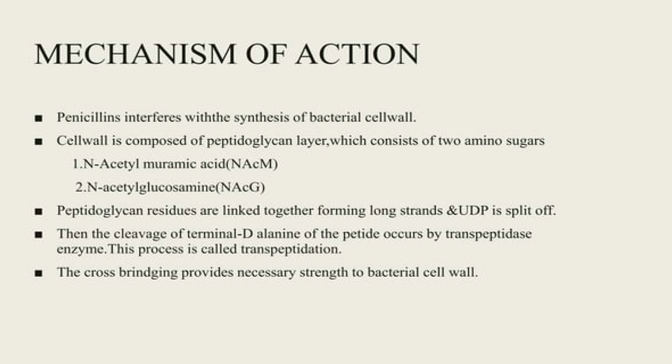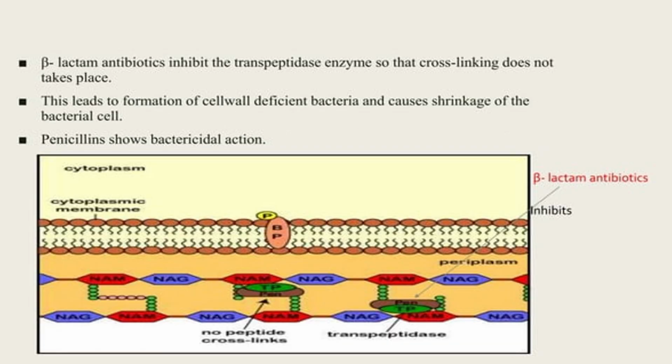Next, the cleavage of the terminal D-alanine of the peptide occurs by the transpeptidase enzyme. This process is called transpeptidation. This cross bridging provides the necessary strength to the bacterial cell wall, because if the cell wall is rigid, it will show strength.